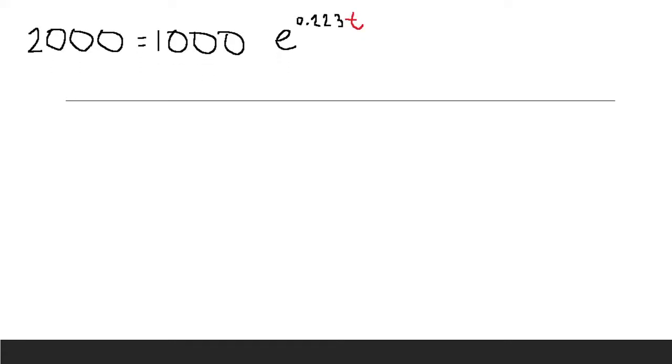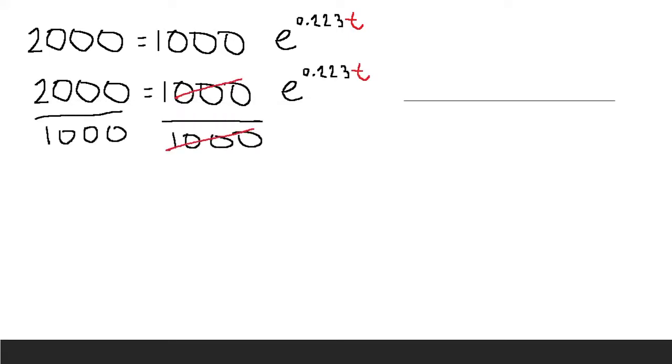We just have to solve for the variable t, so let's get rid of a few things. Our first step is to divide both sides by 1000. 2000 divided by 1000 is simply 2. So 2 is equal to e raised to the 0.223 times t. Next, we need to take the natural log of both sides.